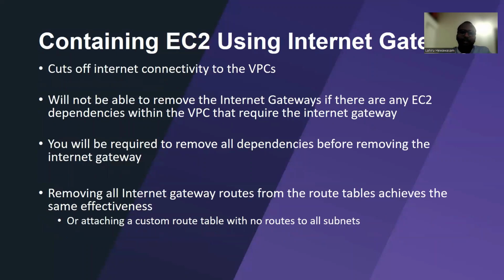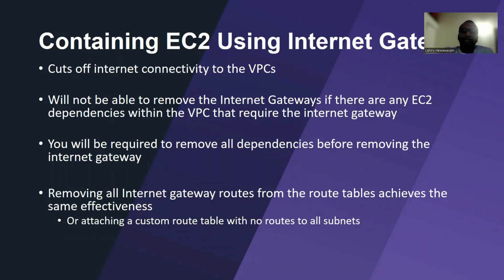So moving on, we have containing your EC2 instances using the internet gateway. So this is at the top level, and this basically cuts off all internet access. However, you cannot remove the internet gateway if there are EC2 dependencies within the VPC, right? So how to get around these dependencies is to actually shut down the EC2 instance. Now, during an incident response, we don't shut down the EC2 instance.